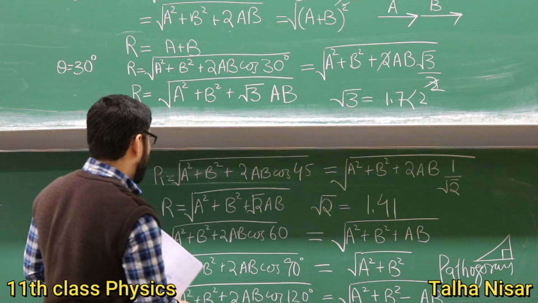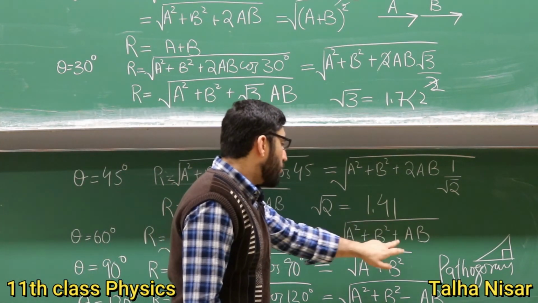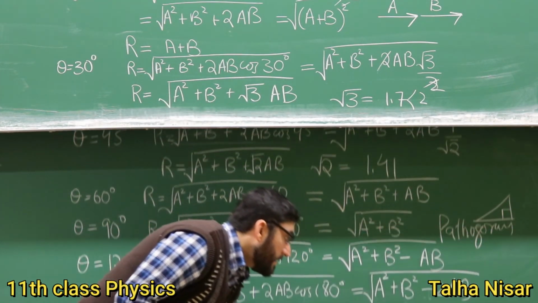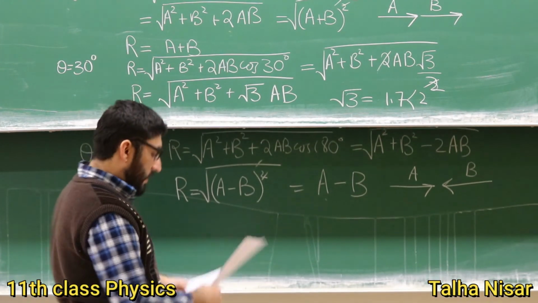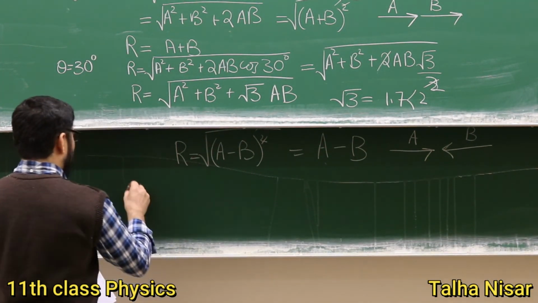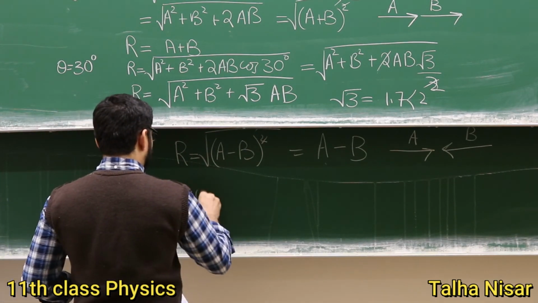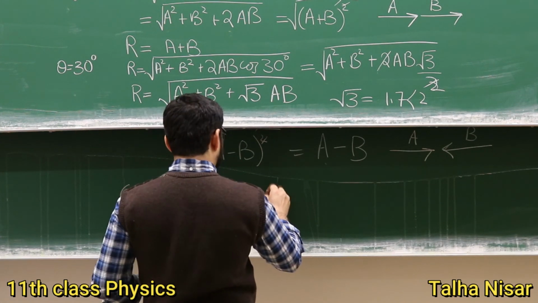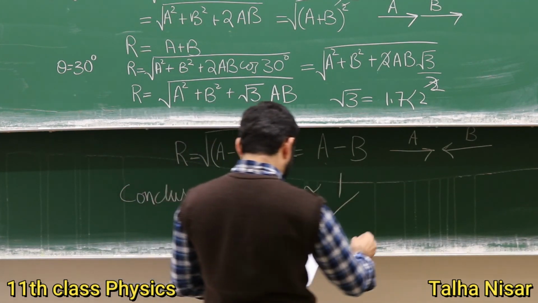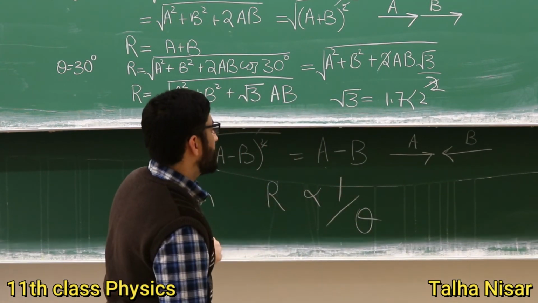Similarly it's going down from 1.4 to 1, and then 0, and then it was minus. So the conclusion is that the resultant decreases as theta increases.